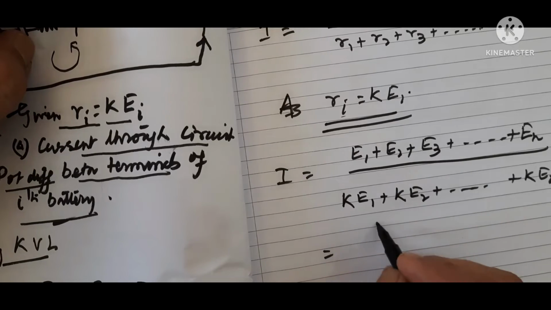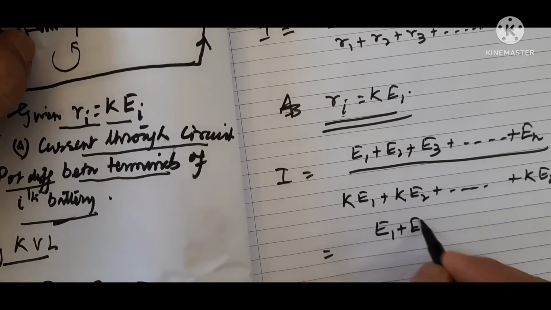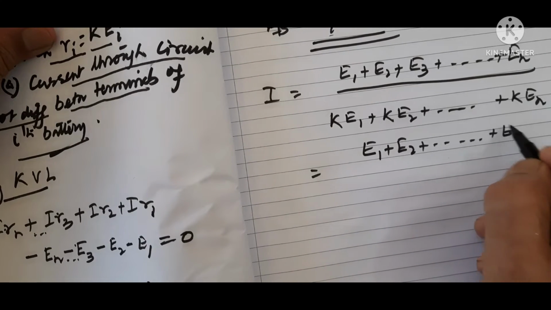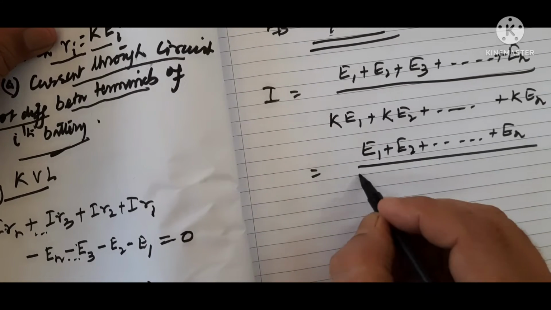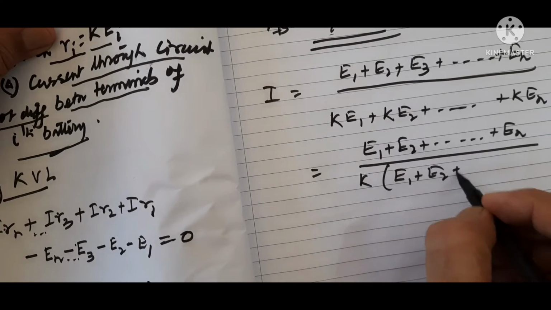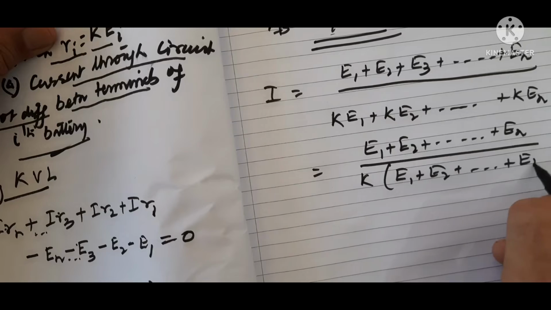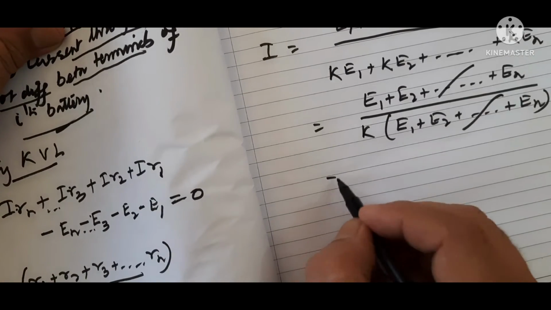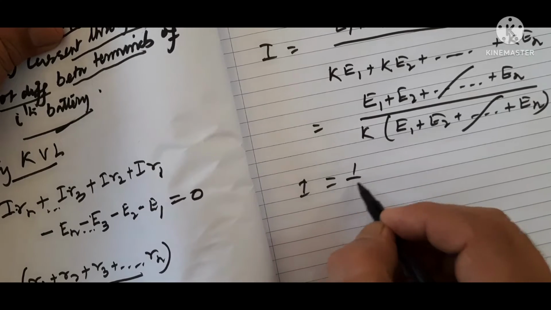So ultimately what will happen, E1 plus E2 plus dot dot dot En by K within bracket E1 plus E2 plus dot dot dot En. So this whole term is going to cancel, you will get I is equal to 1 by K, right.